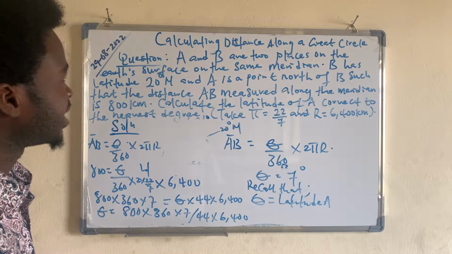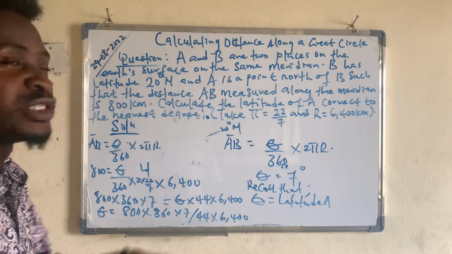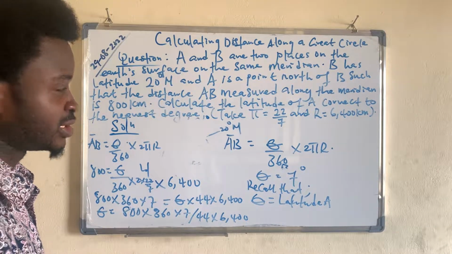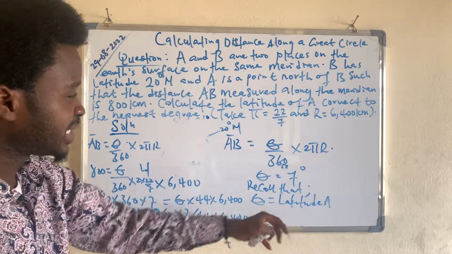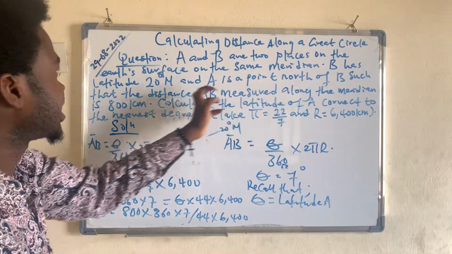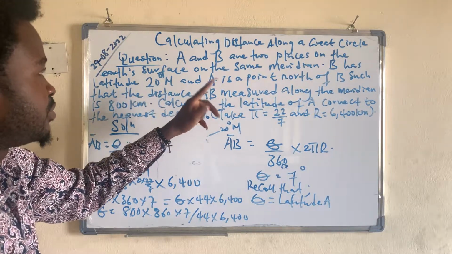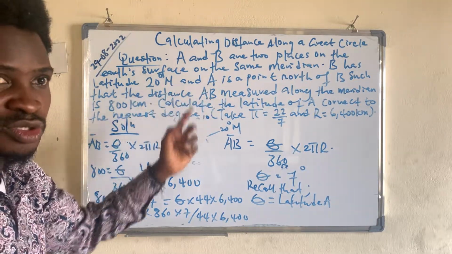It is stated that A and B are two places on the Earth's surface on the same meridian. So when they are on the same meridian, and we can see it's latitude 20 degrees north, that's B, A will also be a latitude.